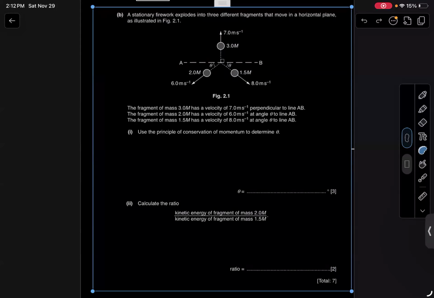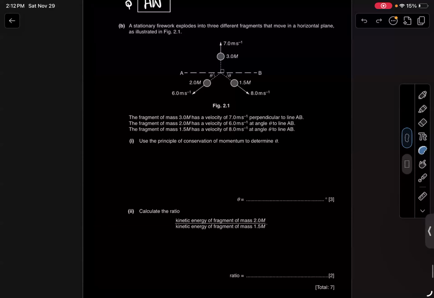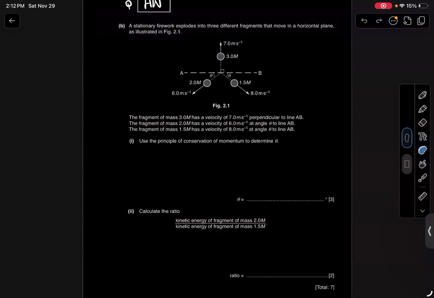Let me just take a screenshot. Wait, let me just send it to you. 1 second.